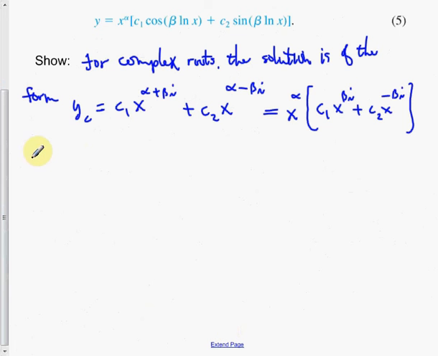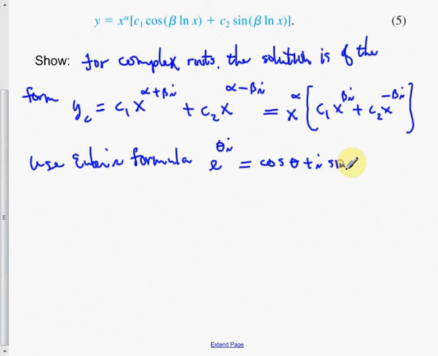Now I'm going to use Euler's formula to transpose this equation. Use Euler's formula, that is e to the theta i is equal to cosine theta plus i times sine theta. Hopefully it's something you picked up in trigonometry. Right? The only problem here is that I don't have e.